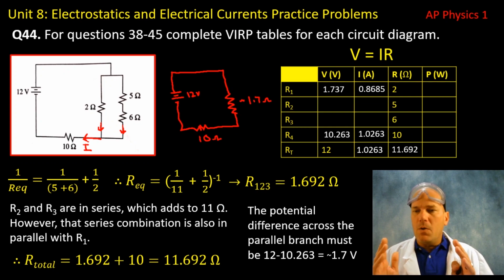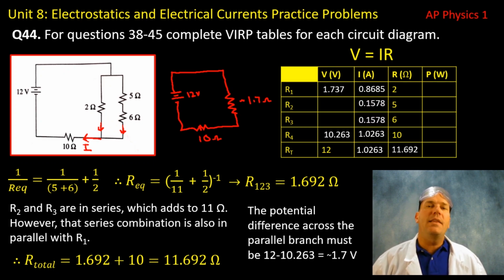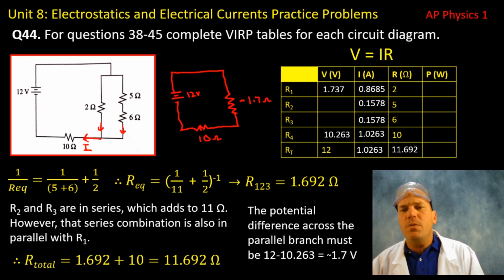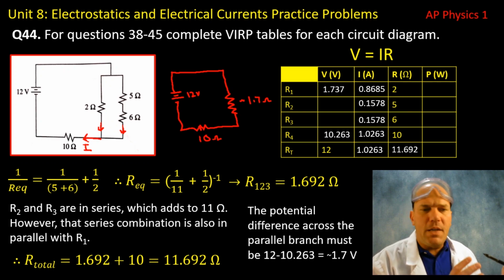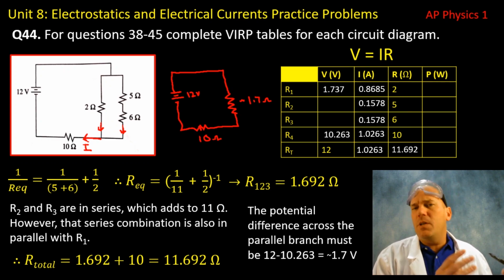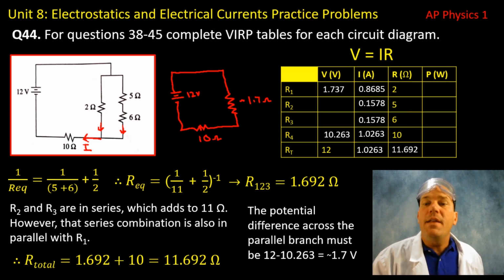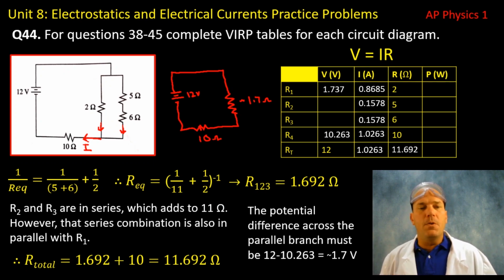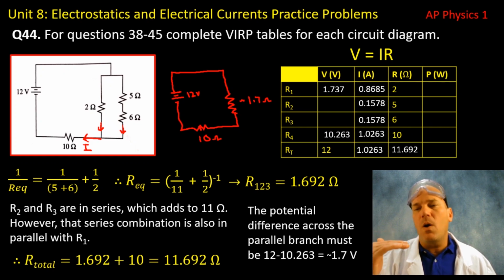Okay, so that gives us R1 completed, and the remaining step would be to look at the current. If 0.8685 amps flows through the branch with the 2 ohm resistor, which is R1, then the remaining current must flow through R2 and R3.